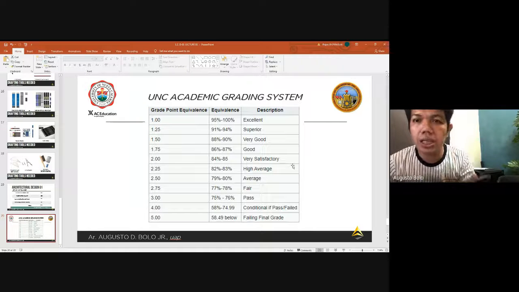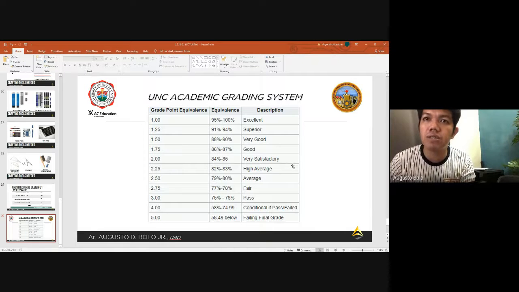Okay, what is our asynchronous learning activity number 2? I have sent a chat on your GC. Just take a look at it later on. The instruction will be like this. In a long size bond paper, font is Arial, font size is 12, 1.5 spacing, with a minimum of 300 words, write your own understanding of the video you will be viewing later on.